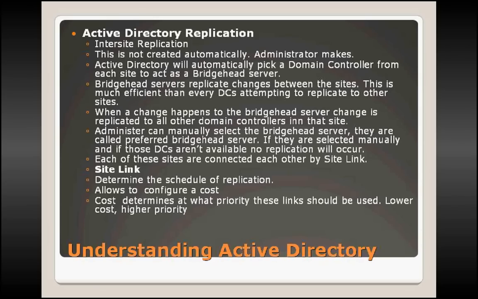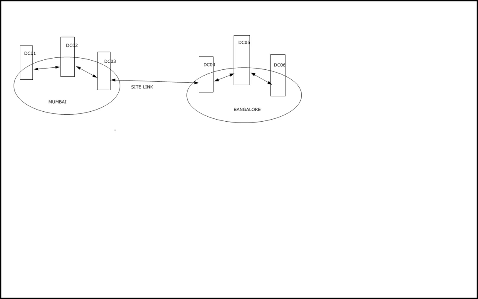If you look at the whiteboard, you can see here that the site link between the sites, that is Mumbai and Bangalore, is actually happening between DC03 and DC04, right? What actually happened is this way. Whenever you made a new site and created a link between them, Active Directory automatically selected DC03 and DC04 as the bridgehead servers.